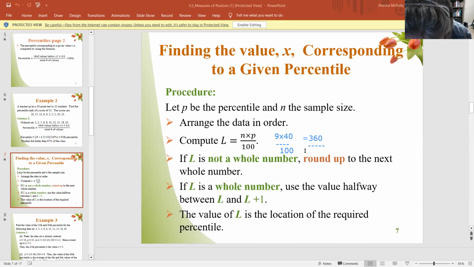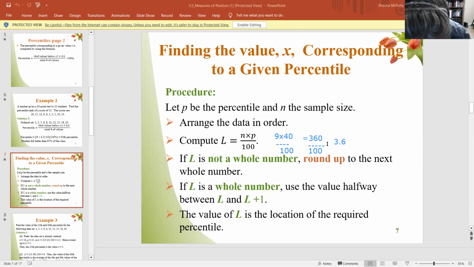Now, the reason I wanted to do this here is because I wanted you to see the calculation with the rule. So this is 3.6. L is not a whole number here. L is a decimal.